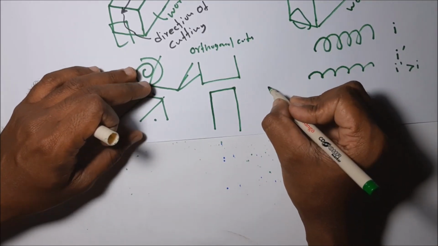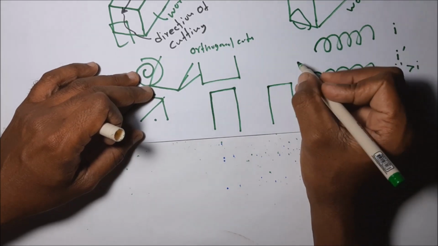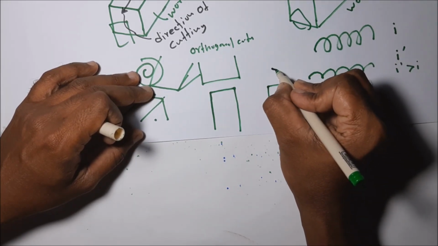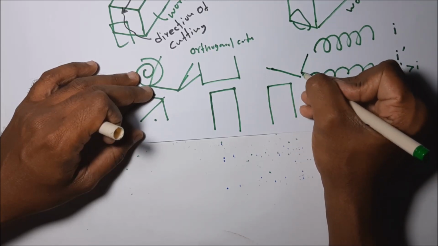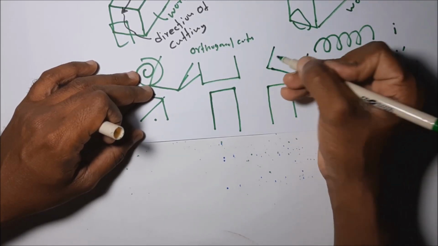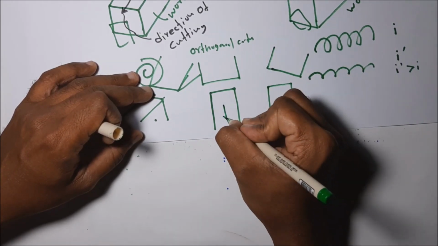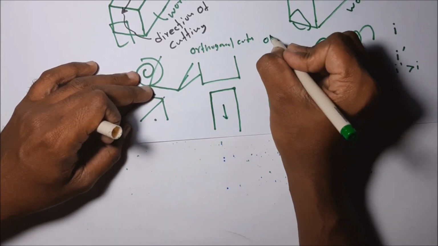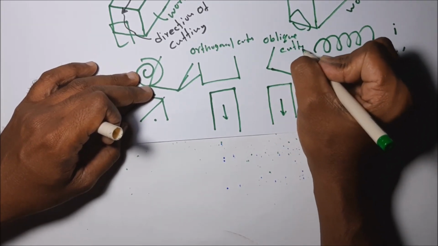Then this is for the oblique cutting, where the cutting edge is at an angle to the direction of cutting. This is the direction of cutting in both situations.